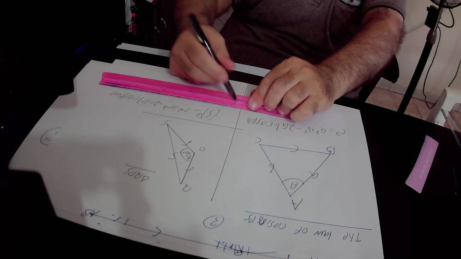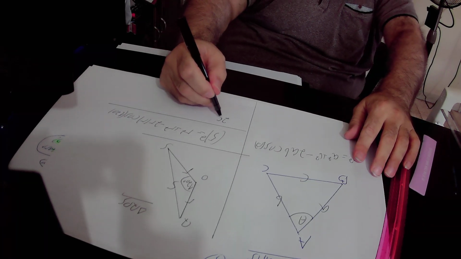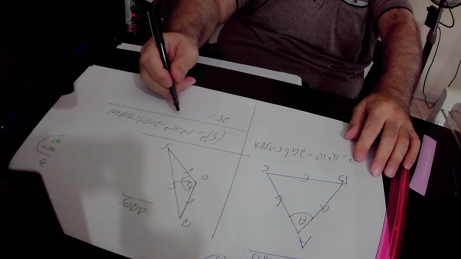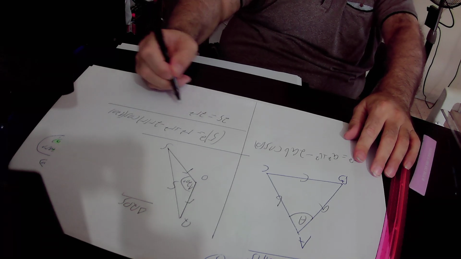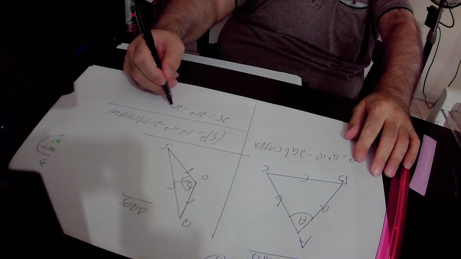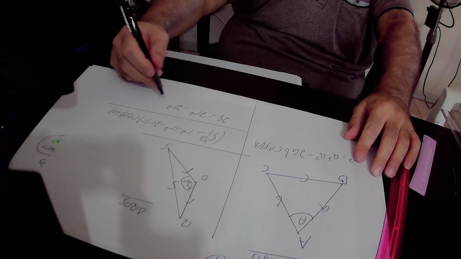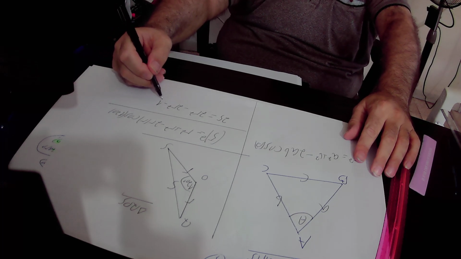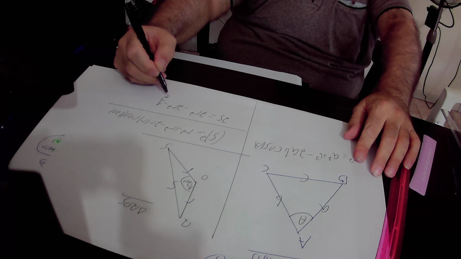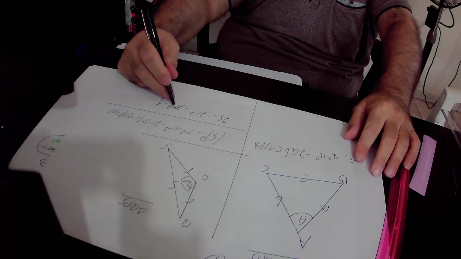5 squared is 25, and it is equal to R squared plus R squared is 2R squared, minus 2 times R times R is minus 2R squared, times cosine 120 degrees, which is minus 1/2. So we substitute cosine 120 degrees by minus 1/2. Here we have 2 in the numerator and 2 in the denominator, so the 2 will get cancelled.